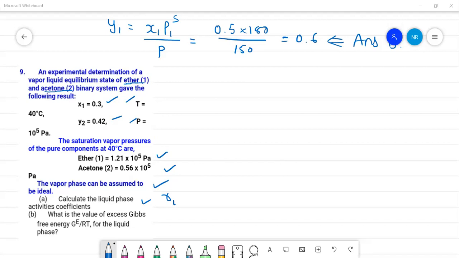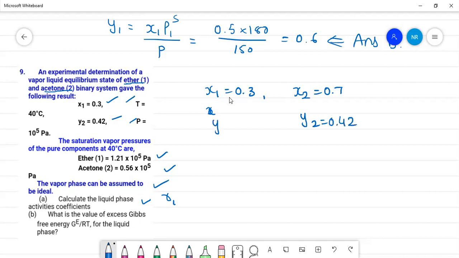Okay. So how to calculate gamma 1? X1 will be 0.3, so X2 will be 0.7. Y2 will be 0.42.